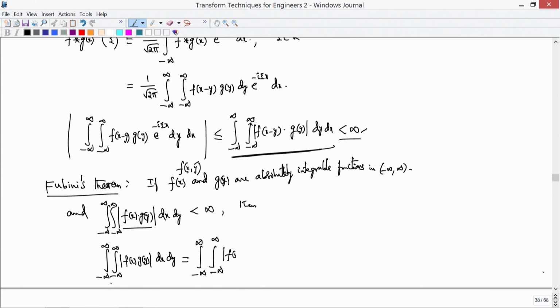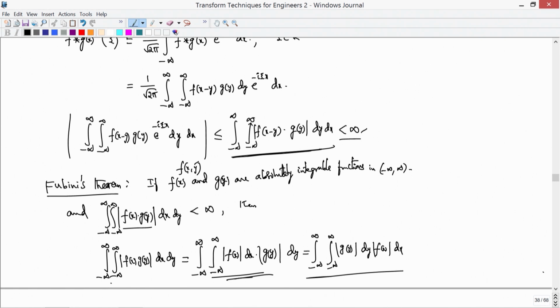This is like f(x) separately dx and g(y) dy. So these are separate: I first evaluate this and then I evaluate this one. Instead, now what I have is g(y) dy times the integral of mod f(x) dx. So these are the two iterated integrals, and they are also the same.